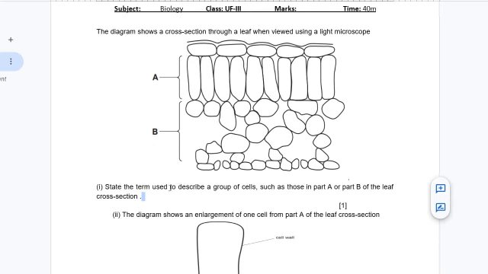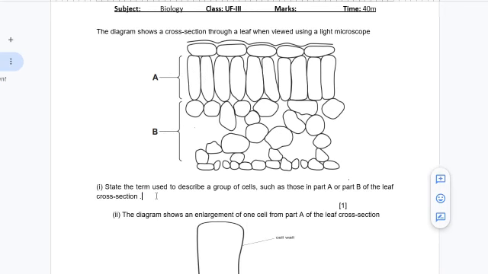State the term used to describe a group of cells such as those in part A or part B in the leaf cross section. In this leaf cross section, we just need to identify what sort of cells these groups of cells are. As we have an idea, these are the palisade mesophyll and these are the spongy mesophyll.